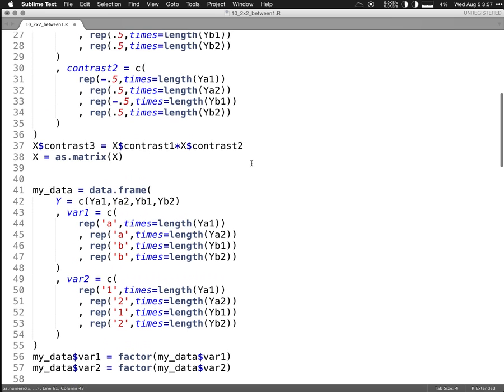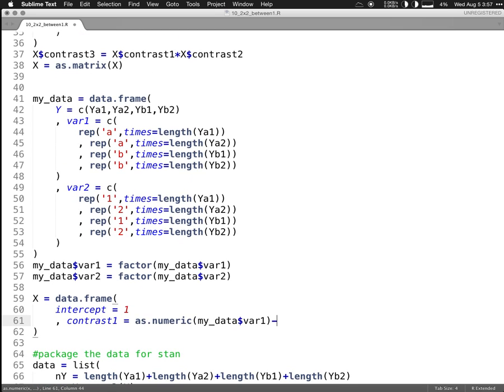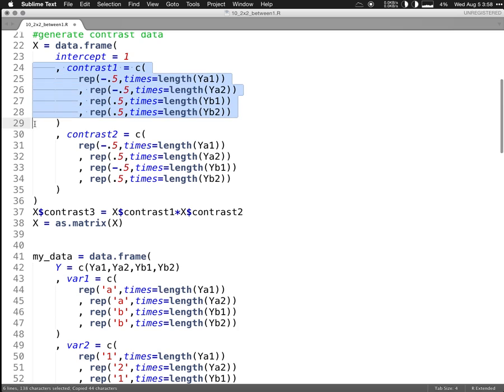But I want negative 0.5s and positive 0.5s. Well, that's easy to do. We just subtract 1.5. 1 minus 1.5 is negative 0.5. 2 minus 1.5 is 0.5. So that's going to give me the same as if I had done all that by hand.